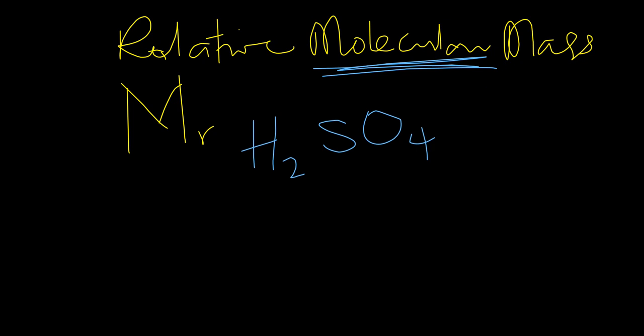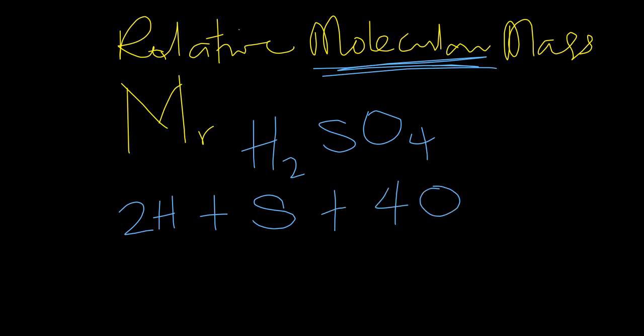Realize that this H2SO4 has atoms that came together to form it. So we have two atoms of hydrogen joined to one atom of sulfur and four atoms of oxygen. So these atoms were joined together to form the molecule H2SO4.